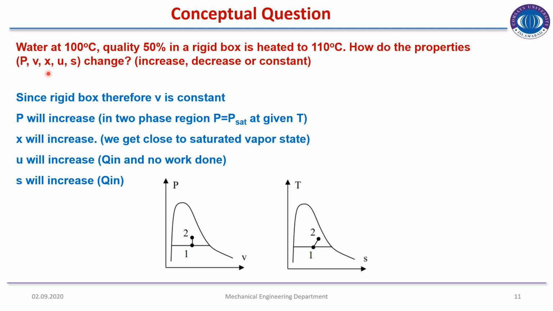X, the quality or dryness fraction, will increase and the system will move toward the saturated vapor. Specific internal energy will increase because heat is supplied to the system and temperature is increased, as U is a function of temperature and pressure.